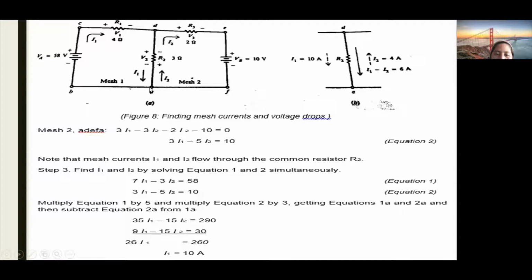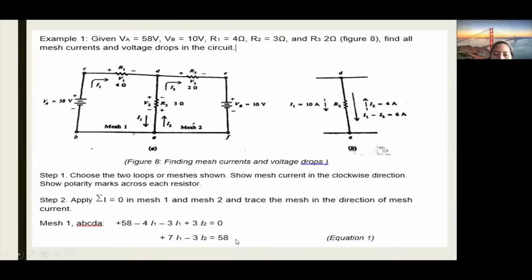Okay. So correct me if I'm wrong. You will observe that in mesh 1, the first mesh, when transposing, the sign of the given element is changed.